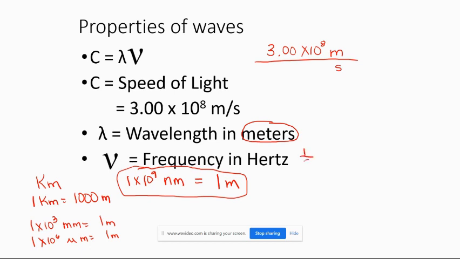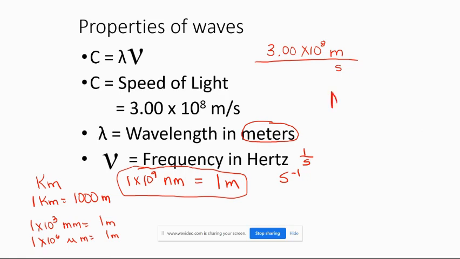Remember, hertz is 1/seconds. It could also be thought of as seconds to the -1, if you're familiar with inverses. Everybody in here is at different levels of math, so I don't know if you understand inverses yet or not.